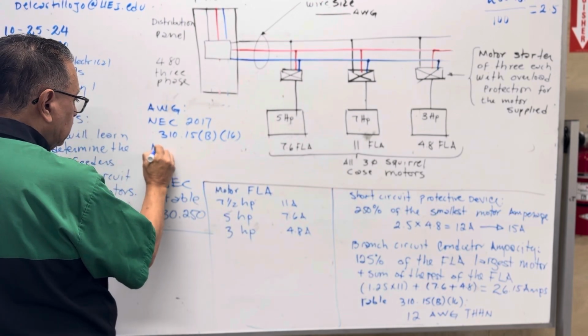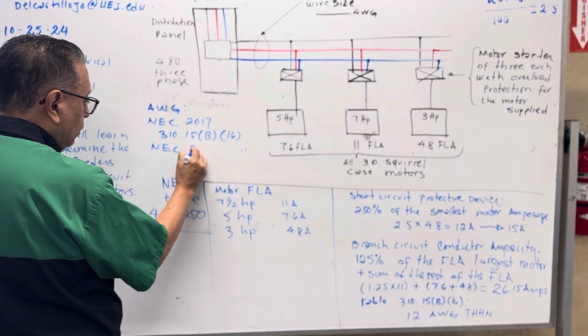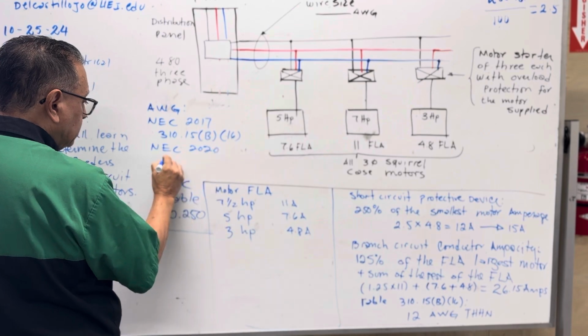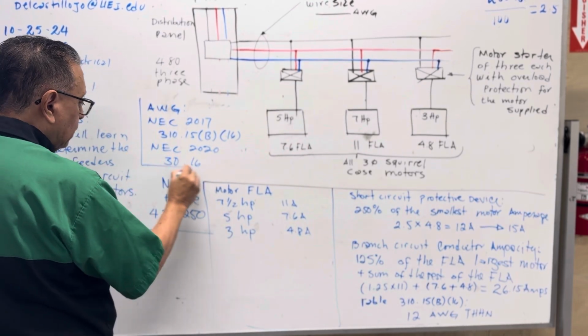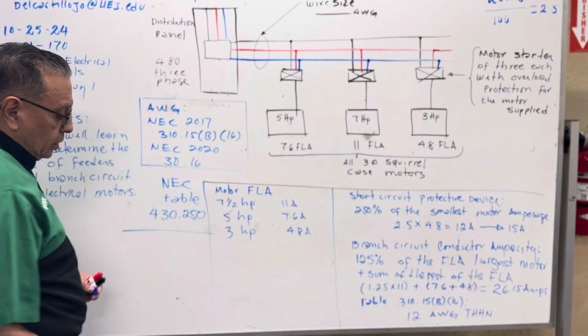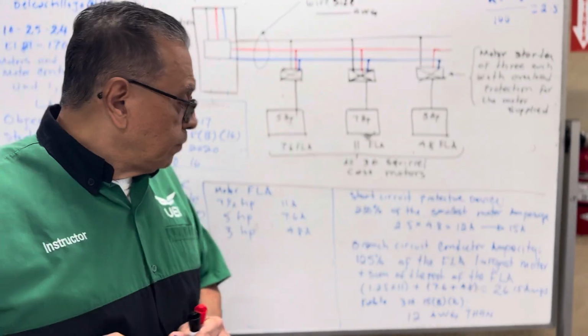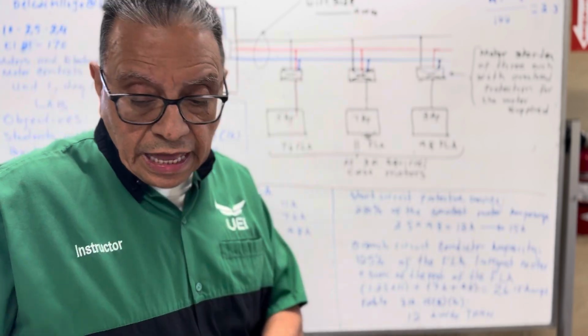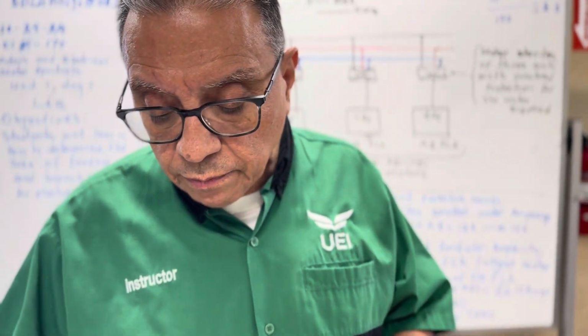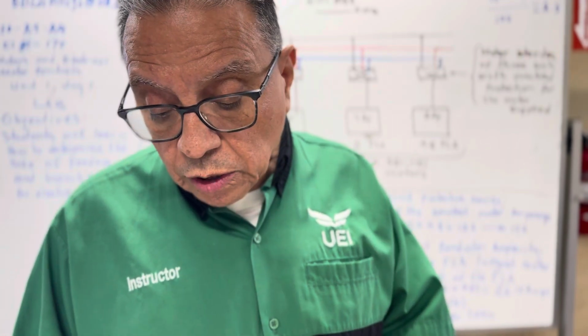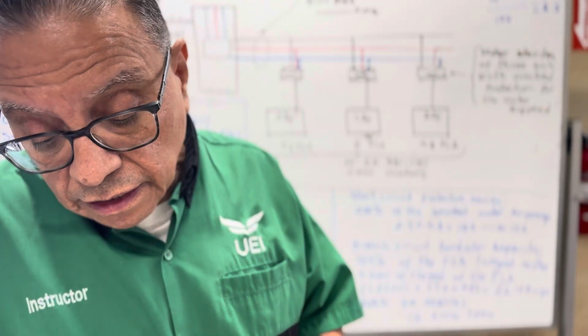If I am using the NEC 2020, the table is 310.16. If I use that table, and I know that it's 26 amps, I have the 2020 here, so it will be table 310.16.